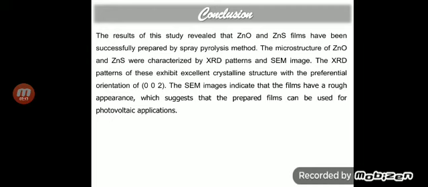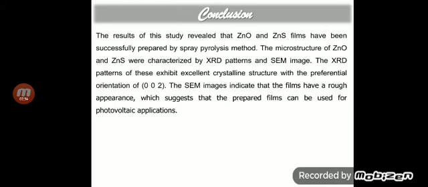The XRD pattern of these films exhibits excellent crystalline structure with the preferential orientation of 002.